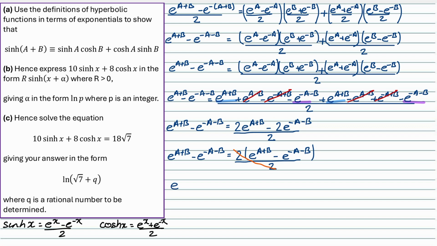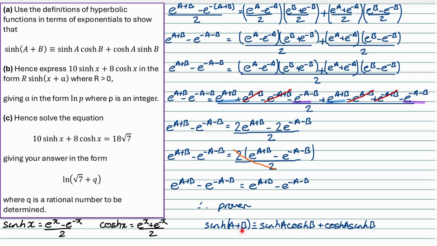So we're left with e to the a plus b minus e to the negative a minus b, and exactly the same on the left-hand side. So therefore, we've proven that sinh of a plus b is identical to this right-hand side. Okay? So that's part A.